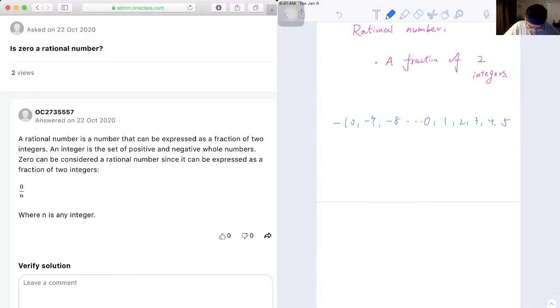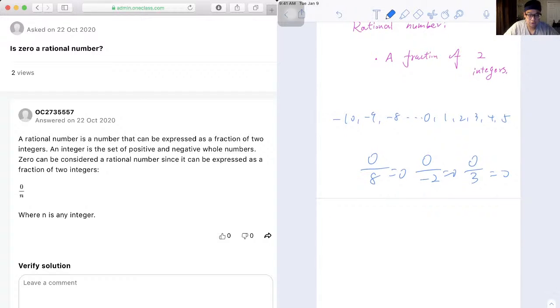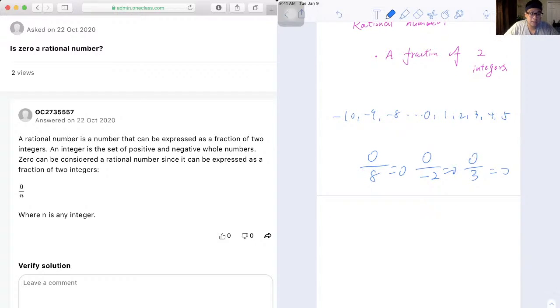So 0 over 8, 0 over -2, 0 over 3, those are all going to equal 0, and it can be expressed as a fraction of two integers. So therefore, 0 is a rational number. Okay.